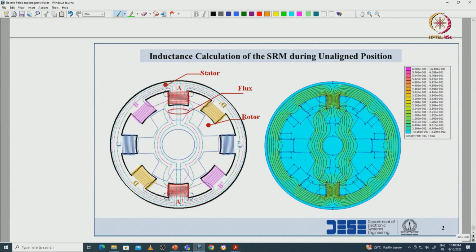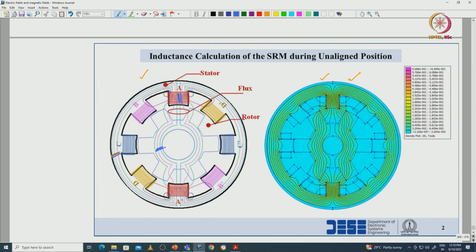This is the flux plot with respect to the unaligned position. This is the actual flux plot from the FEMM simulation, and this is the flux plot considered for analytical calculations. Here we can see the same assumptions. In the stator back iron and rotor back iron, we consider the flux lines to be concentric circles, and in the stator pole and rotor pole we consider the flux lines parallel to the pole axis.